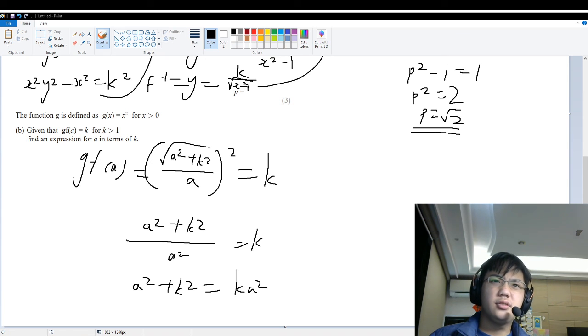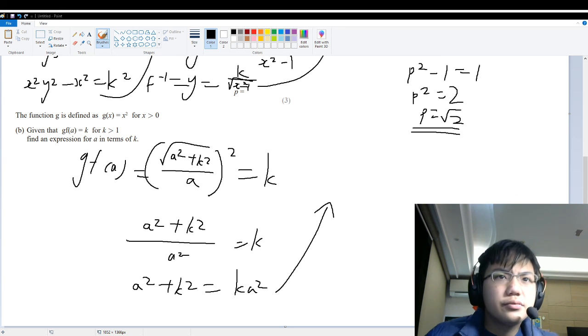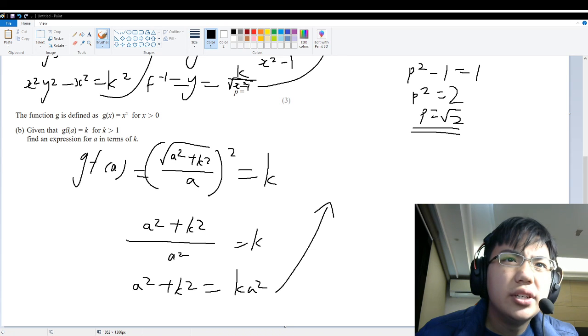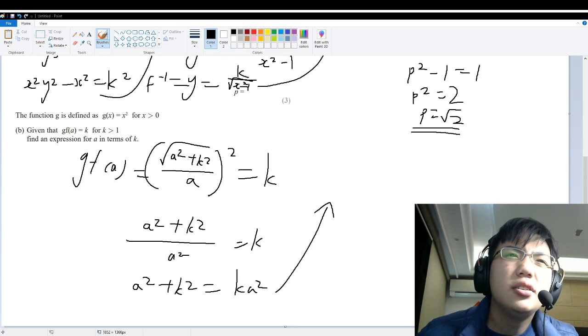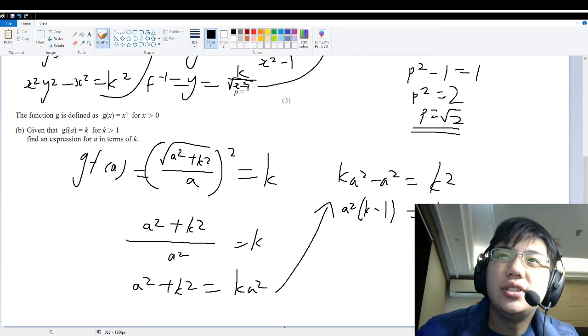So k a squared, and the next step we can do is write this as k a squared minus a squared equals k squared, which gives us a squared times k minus 1 equals k squared.